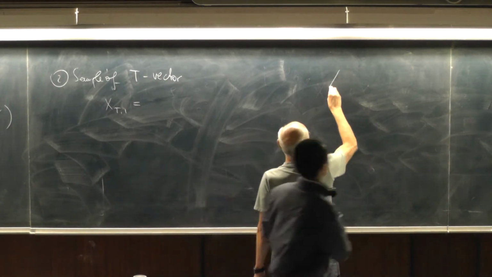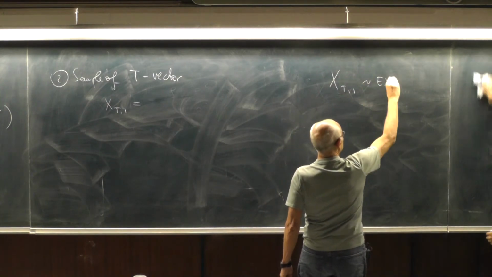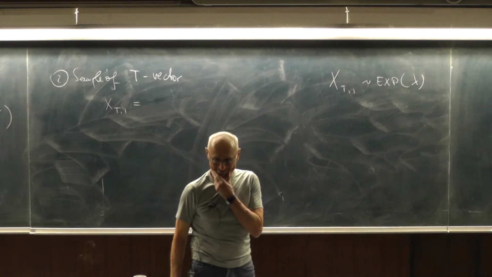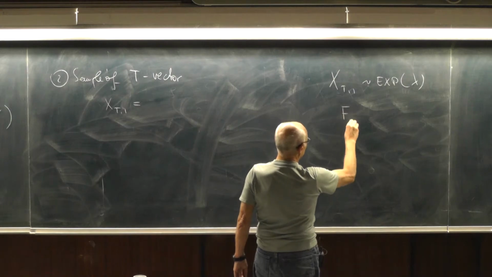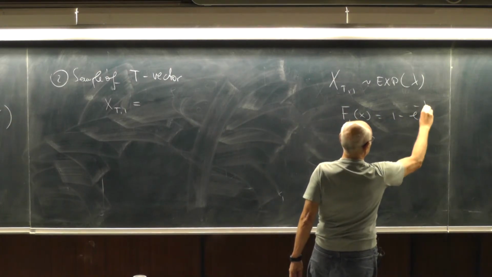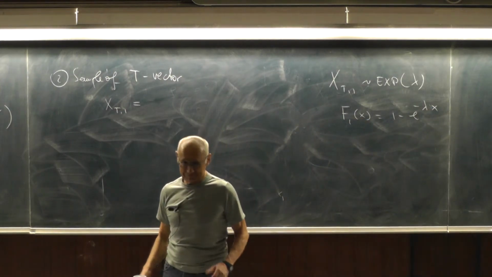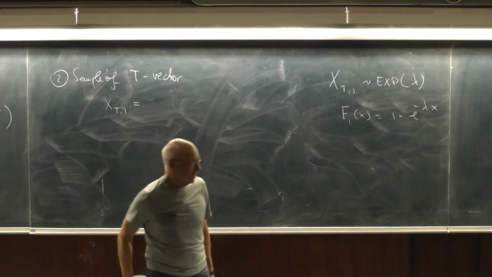So you want x1 to be exponential with this parameter lambda. Okay? That is a distribution f1. That's how it looks, this distribution for x positive.